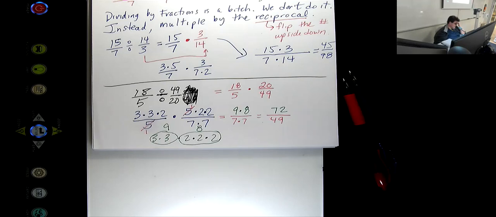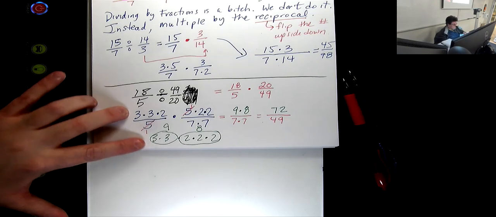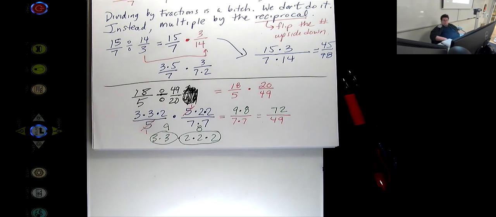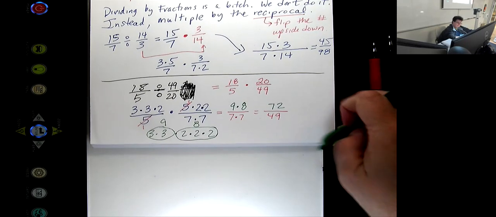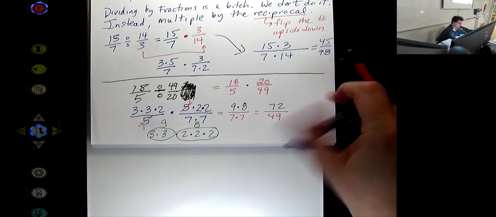So you should get 72. We already showed nothing else got smaller here because we had everything as a prime number. And that's it. That's all there is to that one.